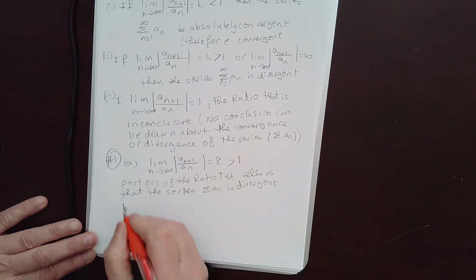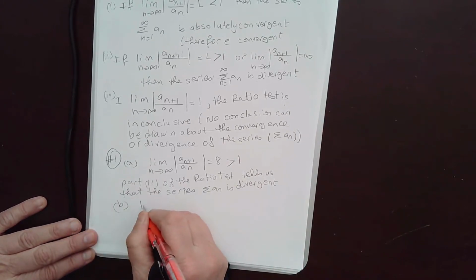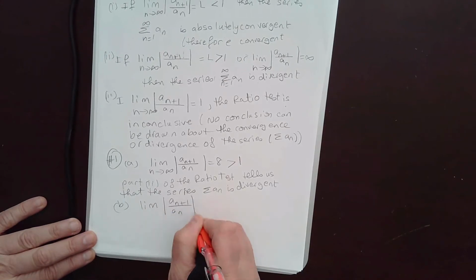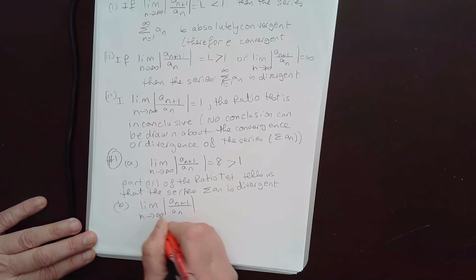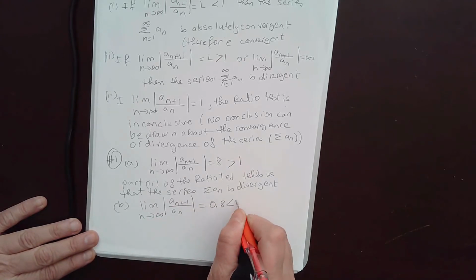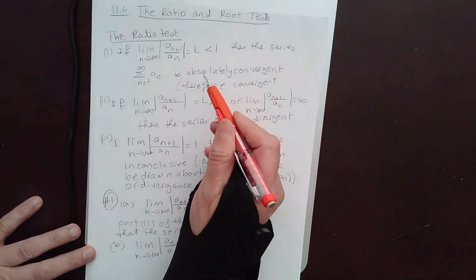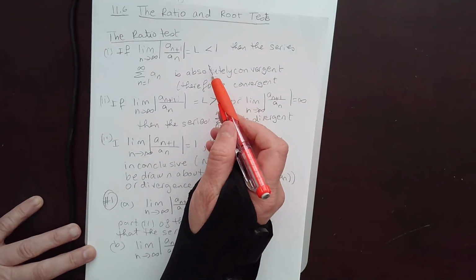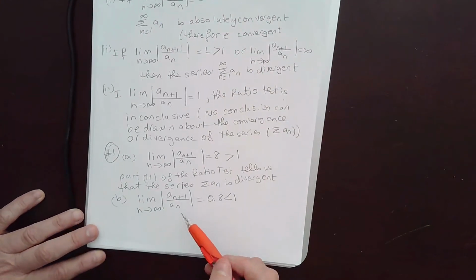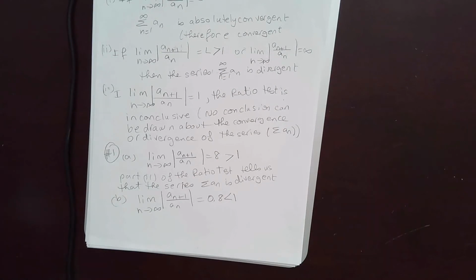Let's do part B. The limit of a_(n+1) over a_n as n approaches infinity is equal to 0.8. And as you can see, this is less than 1. So part I, the first part of the ratio test, tells us what? That the series of a_n is absolutely convergent, which means it's convergent as well.